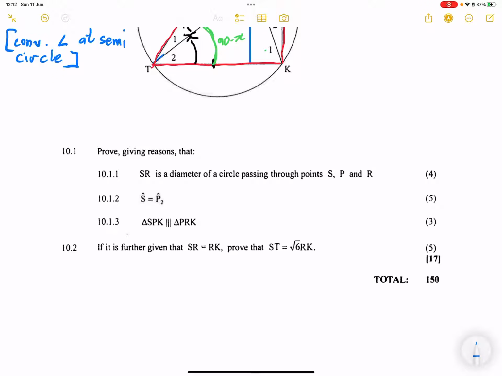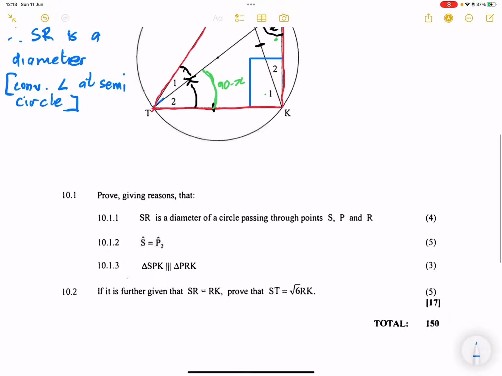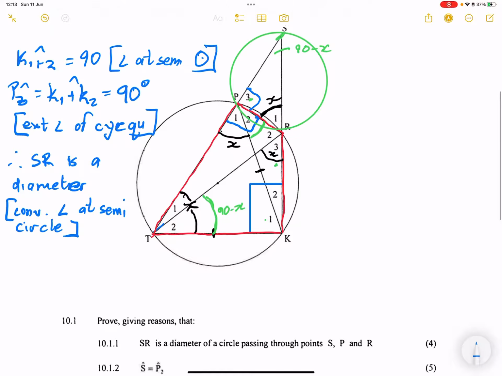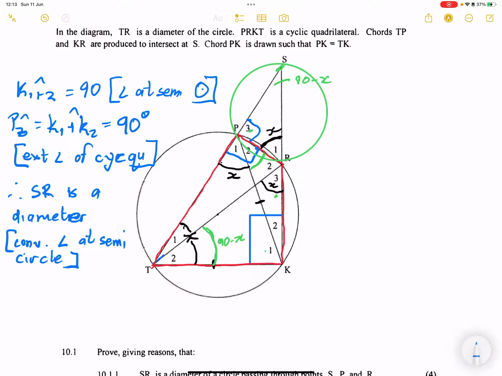Now they say prove that angle S is equal to P2. Let's see if we've already done so. Angle S, okay, so this is the 90 minus X angle. Angle P2, it's that one in there, and I'm going to remove the circle here.